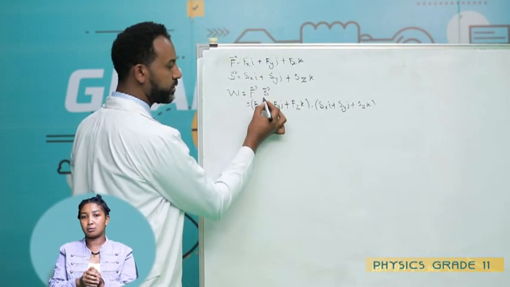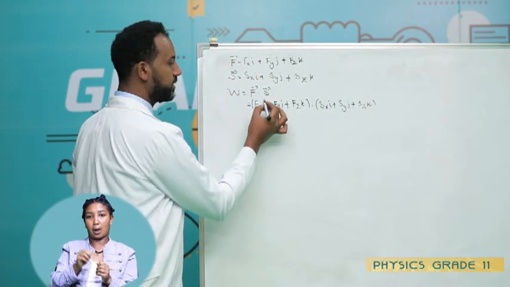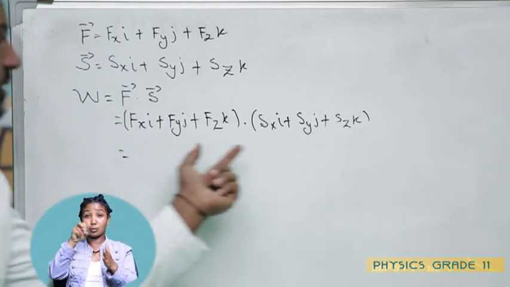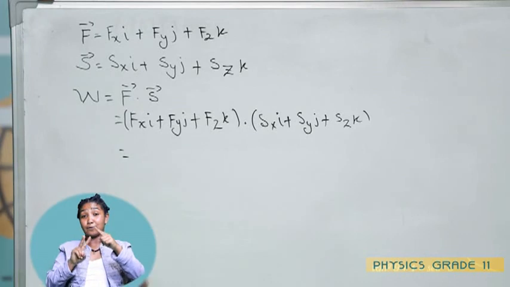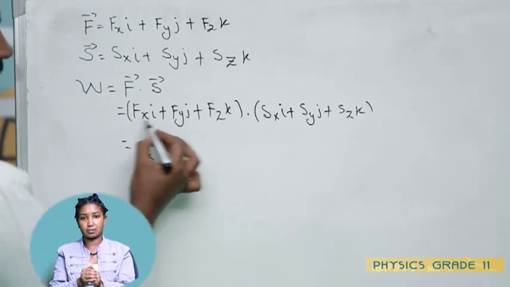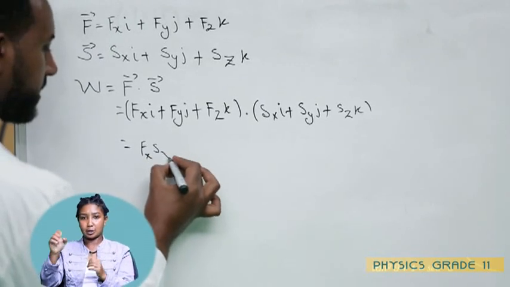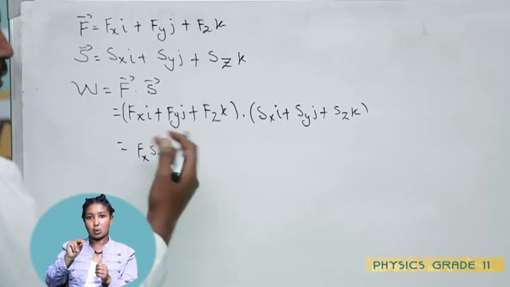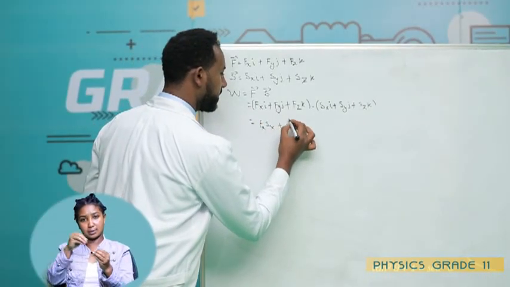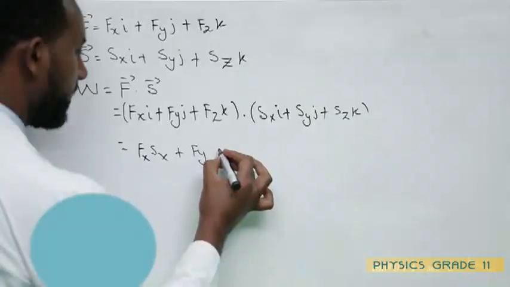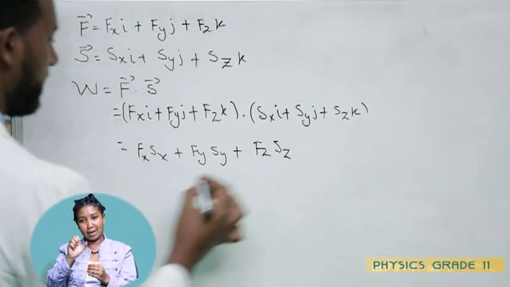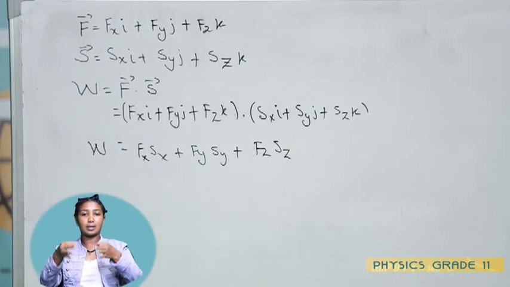Sometimes it's also possible to use hats on the unit vectors. The dot product of these two vectors gives us only a magnitude, so we just multiply the coefficients, Fx with Sx, not i with i, while we dot i with i the result is 1, plus Fy Sy, plus Fz Sz. This is how we determine work.